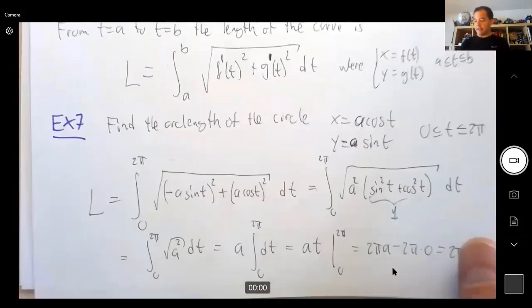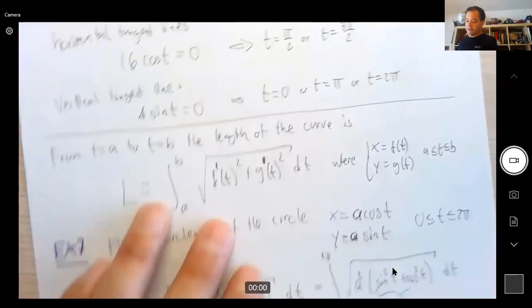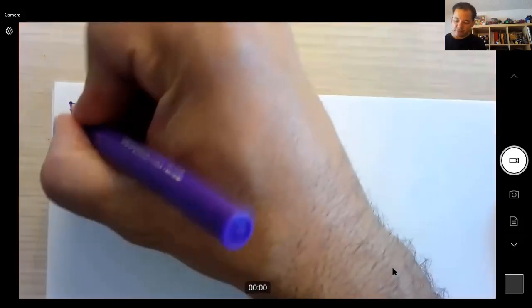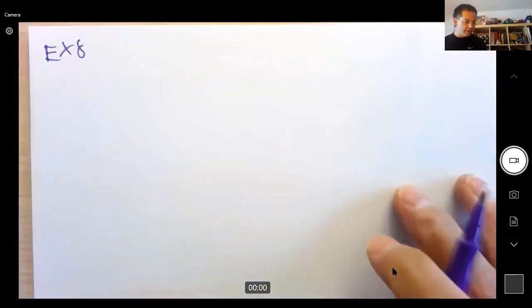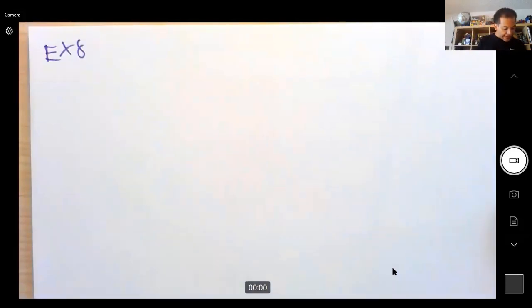Okay, so let's at least start the second question. The second question is about finding the arc length, example 8. Finding the arc length of an asteroid.